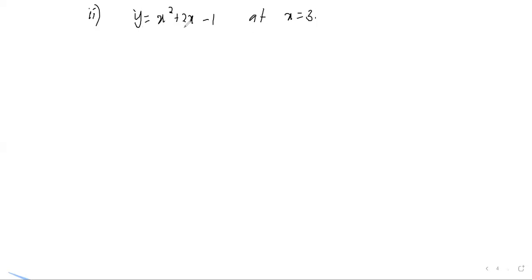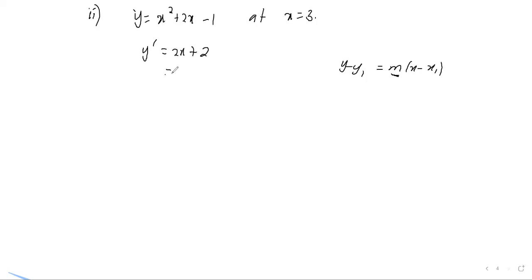If they ask you to find the tangent equation, your job is first to find m, which is the gradient, because we know that the line should be y minus y1 equal to m times x minus x1. So let's first find m. To find m, you find the derivative of y, which is 2x plus 2.